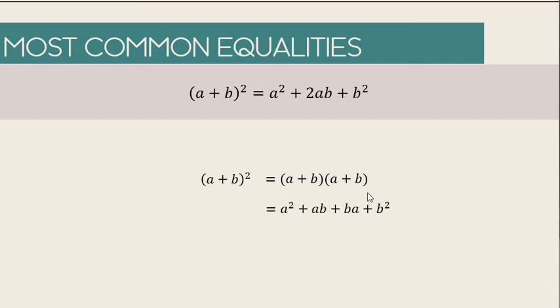After the polynomial multiplication, we get a squared plus ab plus ba plus b squared. After we combine the like terms, it is equal to a squared plus 2ab plus b squared. So you can see that the left hand side is now equal to the right hand side. So we finish proving the equality.